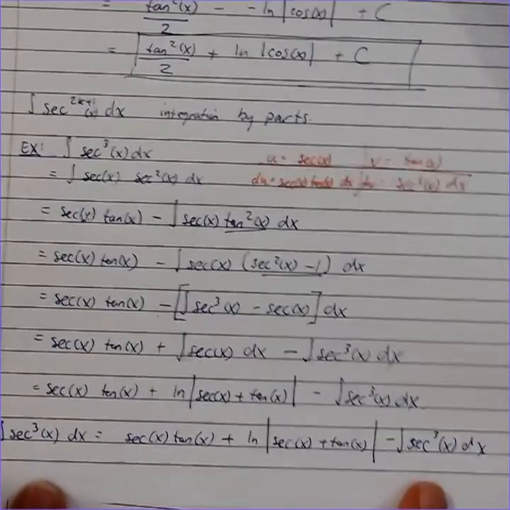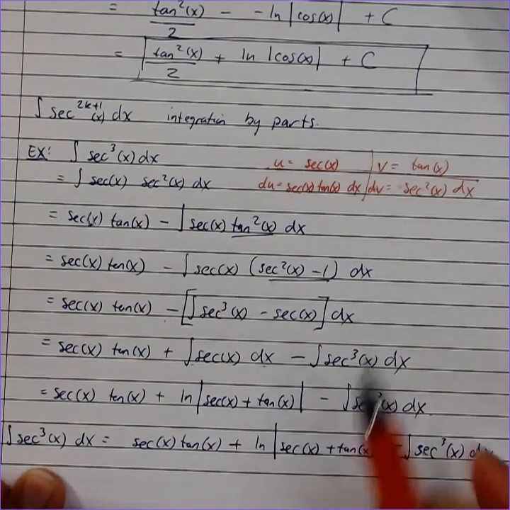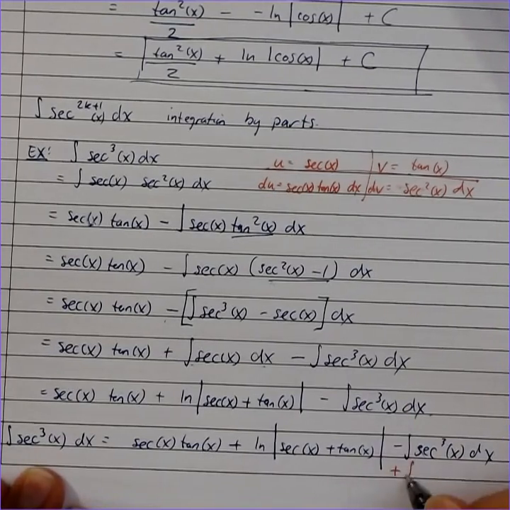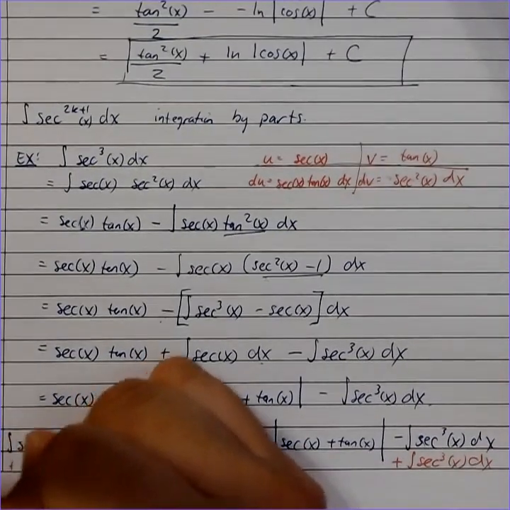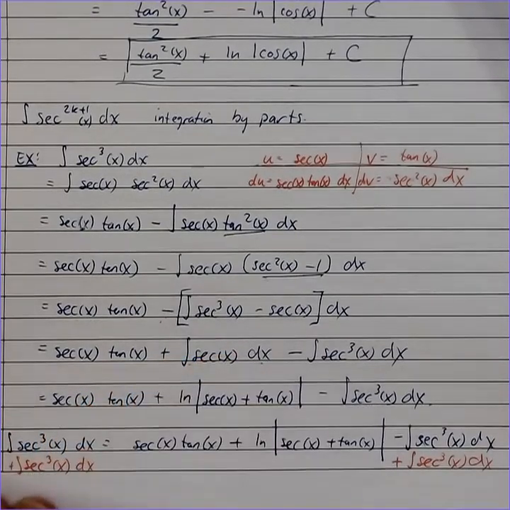Notice that these are like terms. You say, yeah, but I don't know what they are. I don't know what the integral of secant to the third of x dx is. It doesn't matter that we don't know what it is. We know they're like terms, which means we can combine. Let me add secant to the third of x dx to both sides of this equation. It doesn't matter that I don't know what that integral is to know that that expression plus another copy of that expression is double that expression.